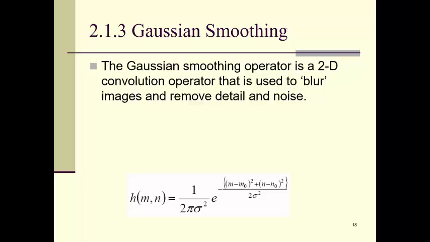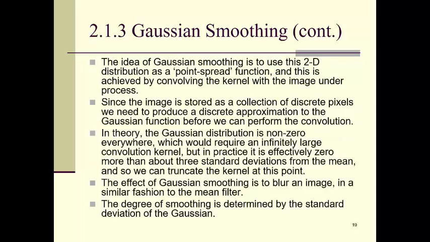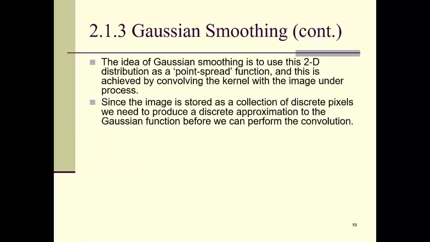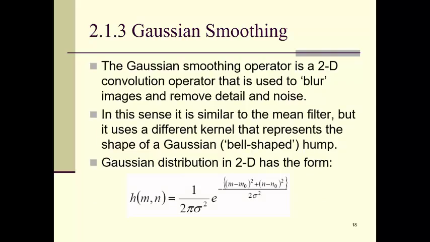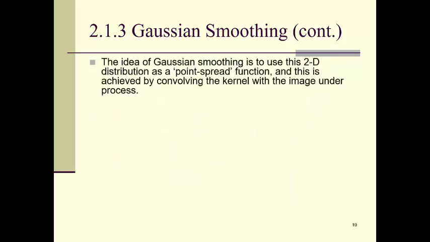The Gaussian smoothing operator is a 2D convolution operator that is used to blur, or smooth, images and remove detail and noise. By detail I mean the edges. So it will remove both the edges and the noise, and in this case I need to make some sort of trade-off. In this sense, it is similar to the mean filter, but it uses a different kernel, which represents this bell-shaped curve.